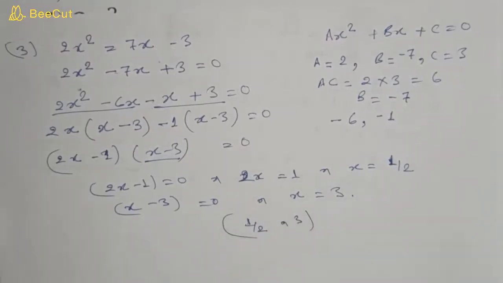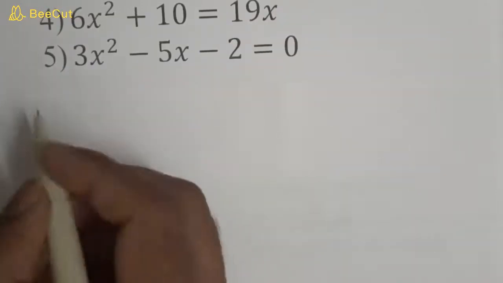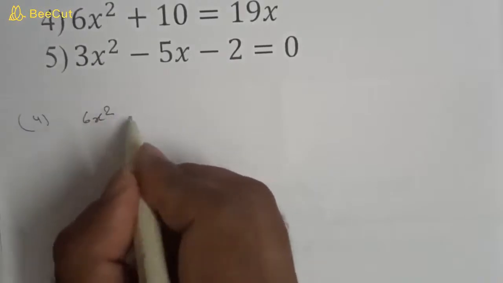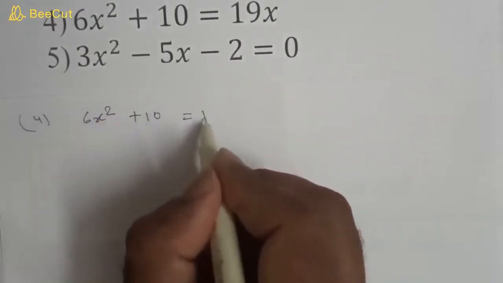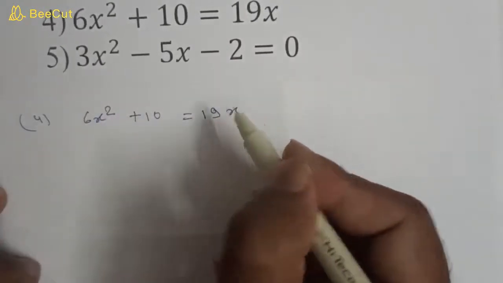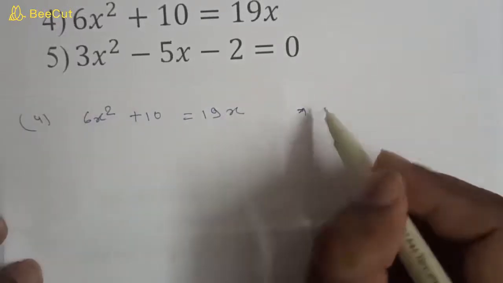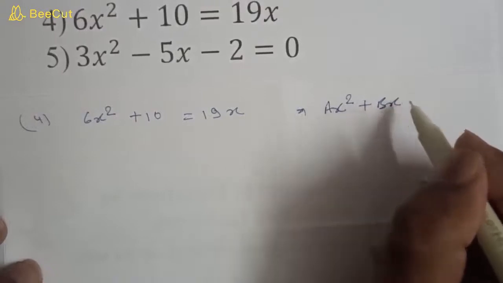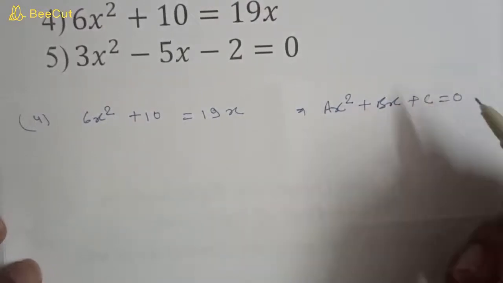Okay, let's move to the fourth question. So we can see that the fourth question is 6x square plus 10 is equal to 19x. Okay, so here we will write the standard form of the quadratic equation, which is ax square plus bx plus c is equal to 0.